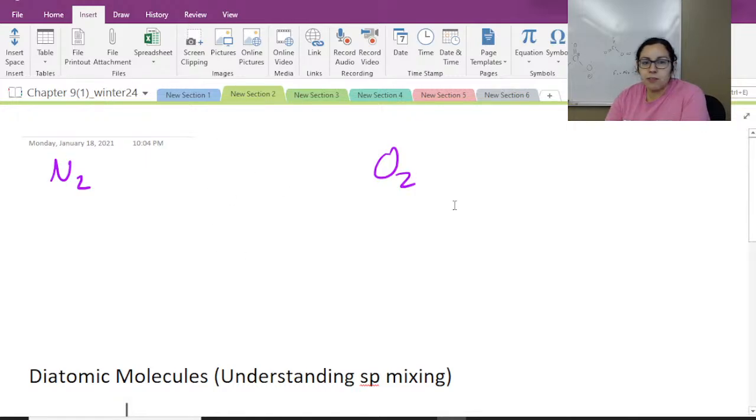Just draw the Lewis dot structure for these two things. If you're in the chat, you can describe your structure. I'll give people a little bit more time.